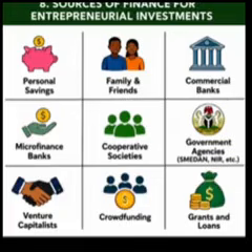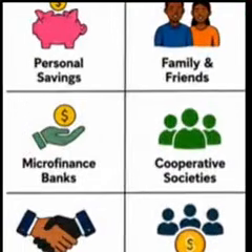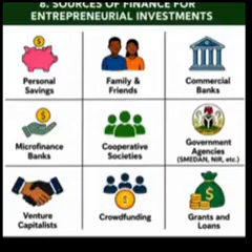Let's also look at the sources of finance for entrepreneurial investment. The sources of finance of an entrepreneur. You can also put it in that way. Then we have the personal savings, the family and friends. They can source their finance from family and friends, family member, uncle, brother, sister, supporting an entrepreneur to raise capital.